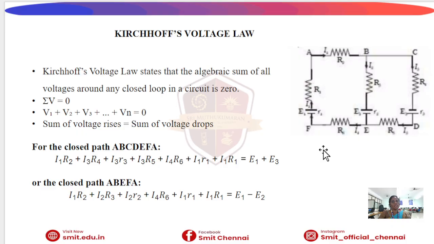This means that the sum of voltage rises in a loop is equal to the sum of voltage drops in the same loop. This law is based on the principle of conservation of energy, which means the energy is neither created nor destroyed, but only converted from one form to another.